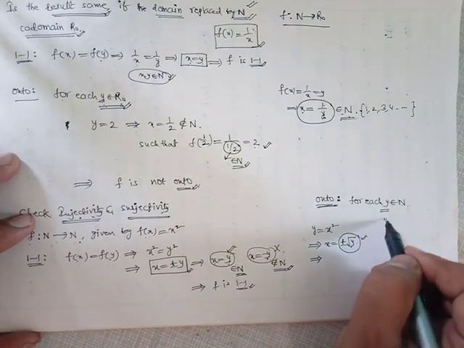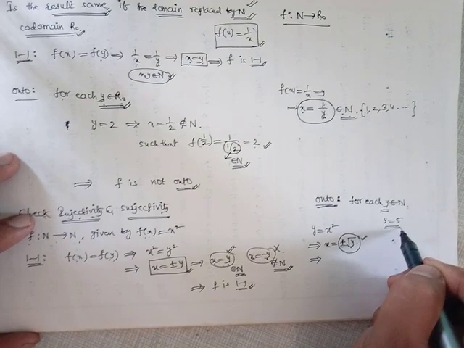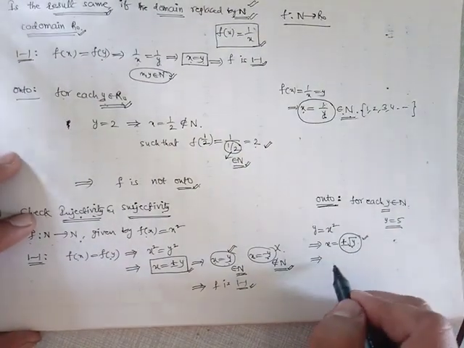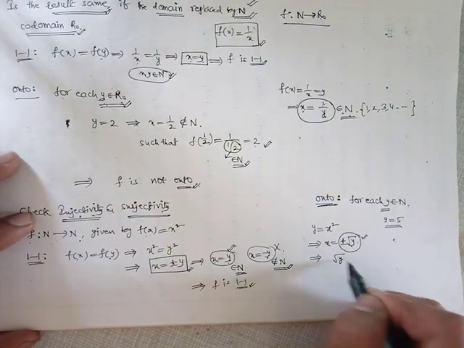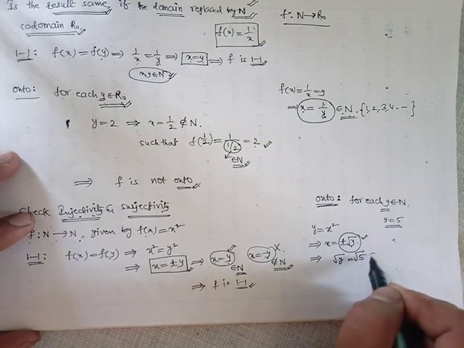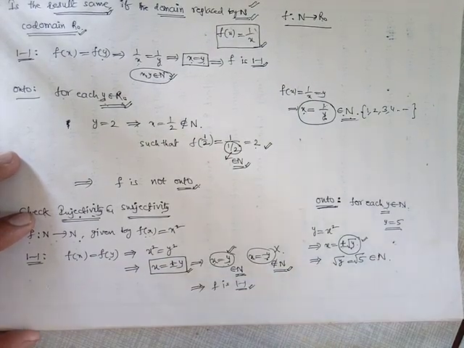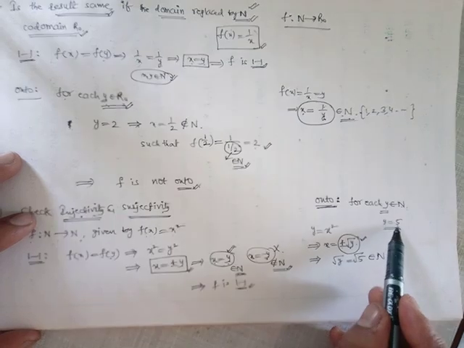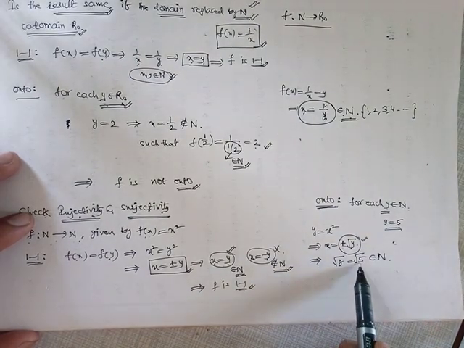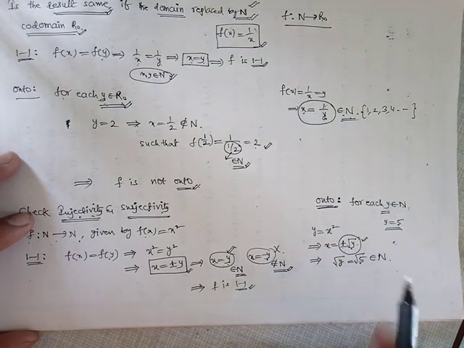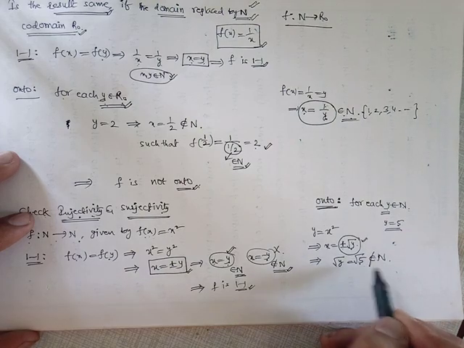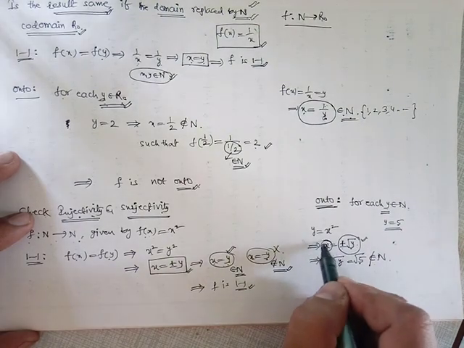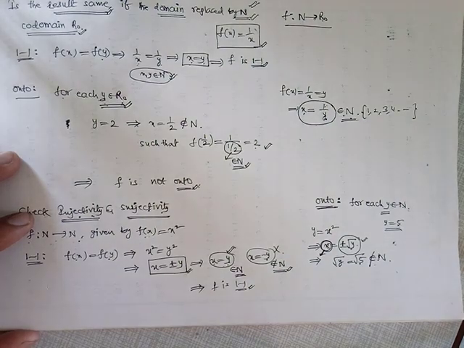If I consider y is equal to 5, then can I get root y is equal to root 5 belongs to natural numbers? Root 5 does not belong to natural numbers, meaning you are not getting such an x.